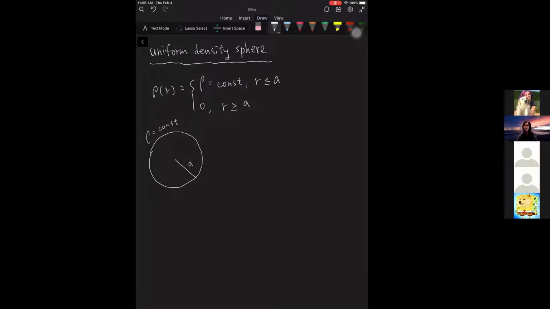We are interested in the gravitational force, potential, and whatever else a particle experiences in this sphere.